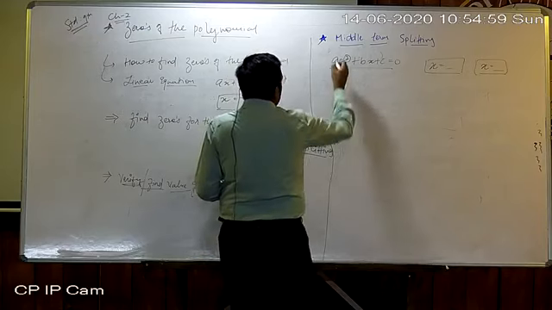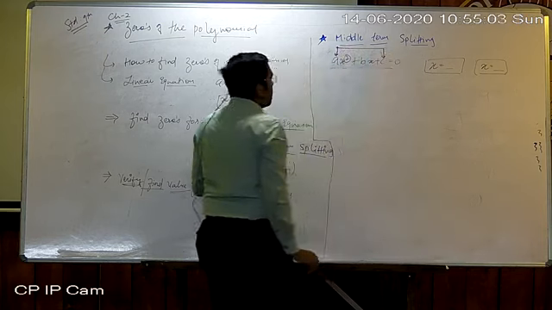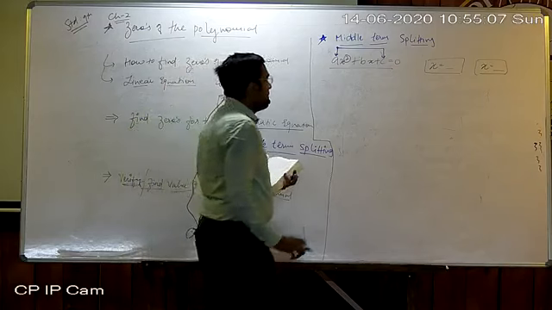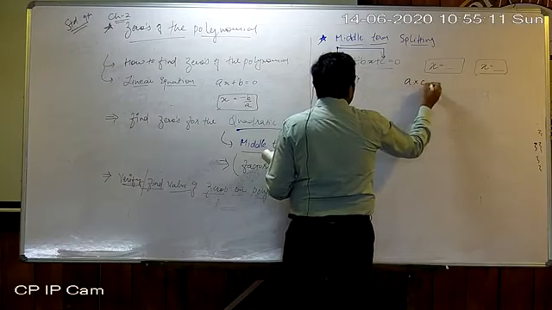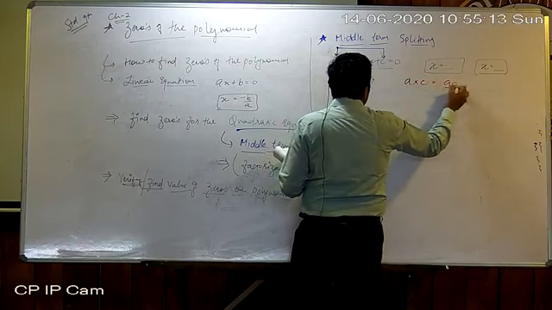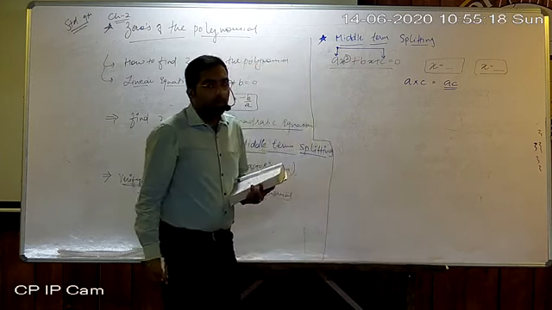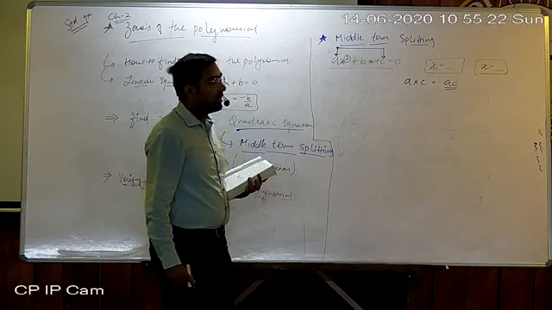First of all, you must multiply the first and last term of the quadratic equation, that is a into c, that is my ac. Okay, you must multiply both terms as a into c, like ac.